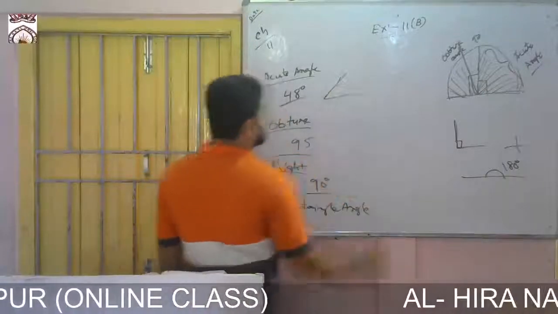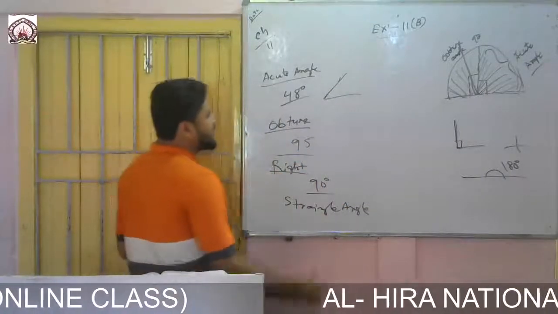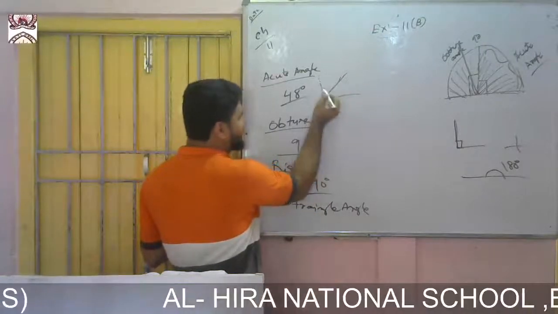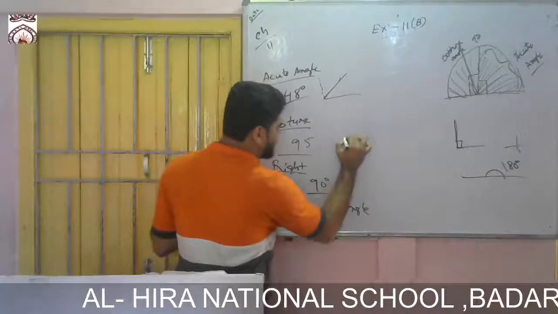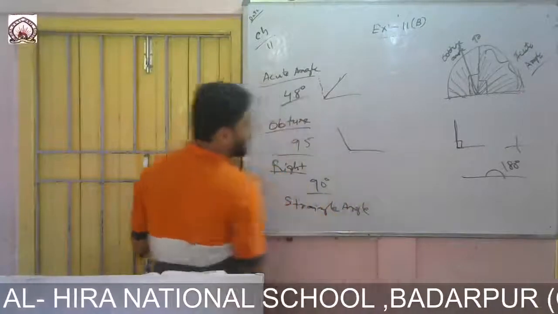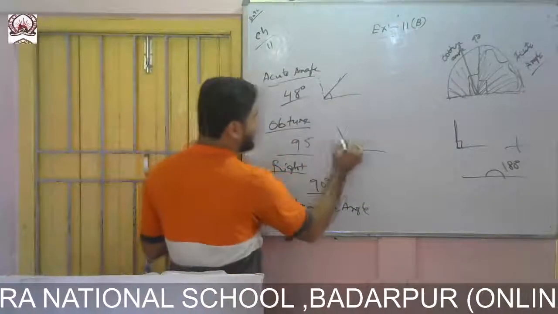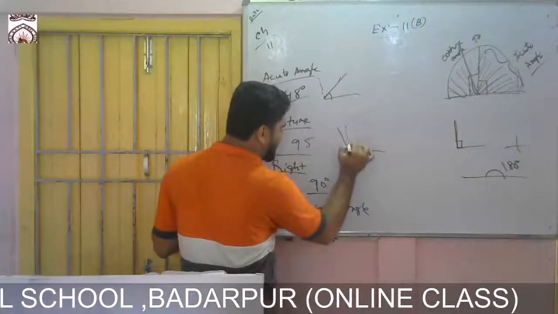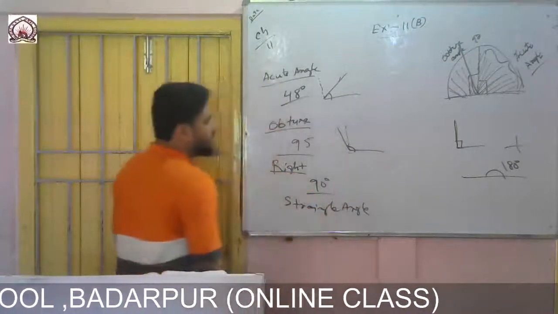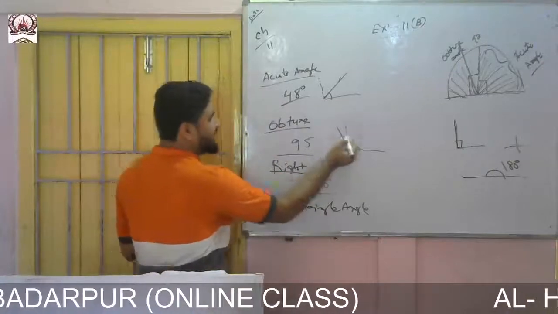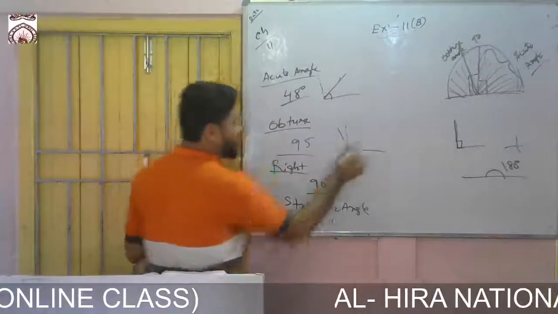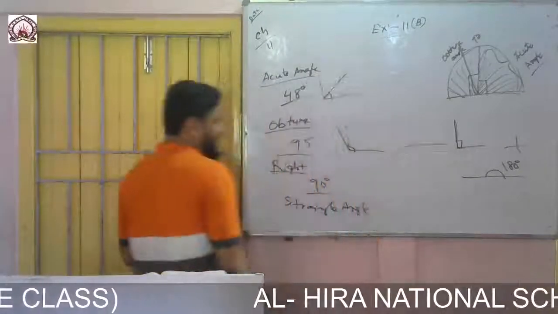If I draw here 90 degree, then this one is less than 90 degree, so it is acute. If I draw 90 degree like this, it is just perpendicular to the base of the line. Greater than 90 degree, it crosses 90 degree, so it is obtuse angle. And straight angle is this one, directly one straight line.